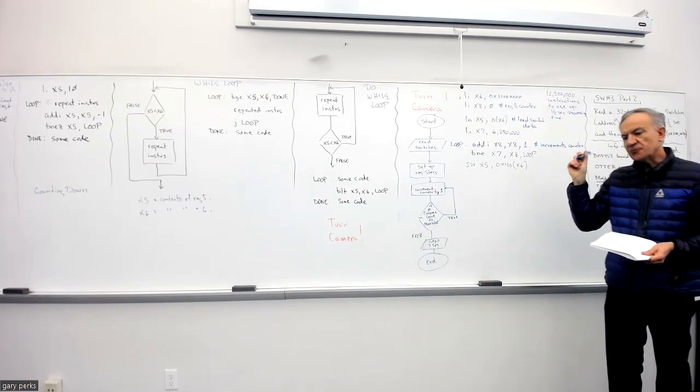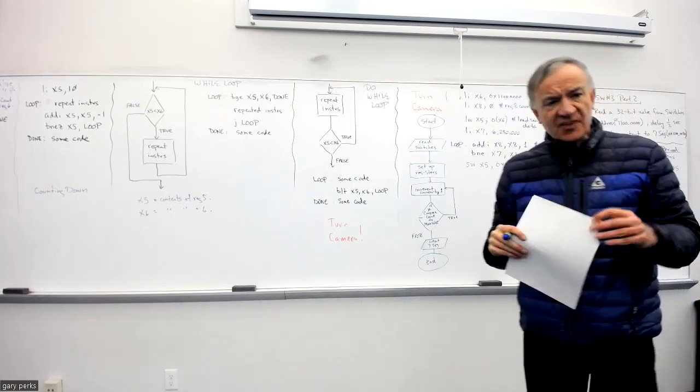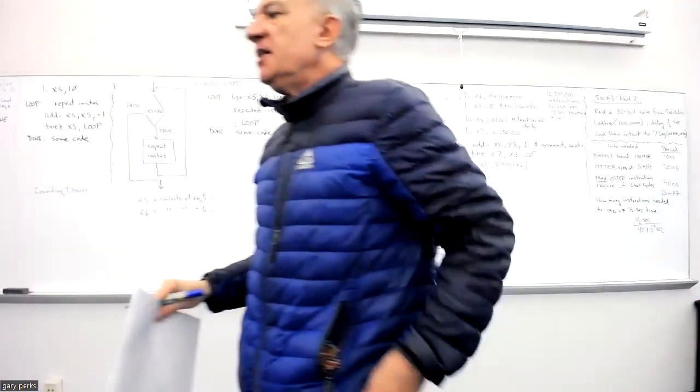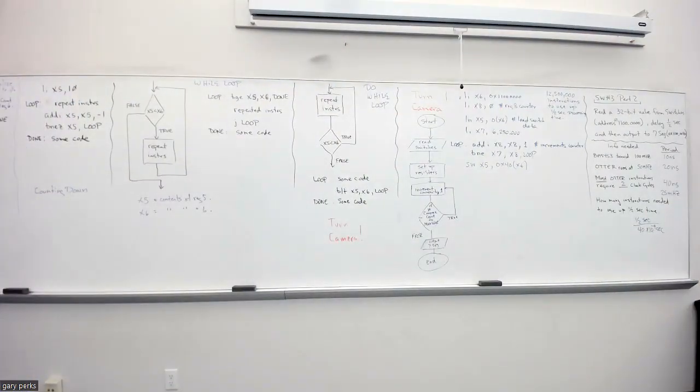Now, the reason why this is important is because when you get to the end of the quarter, and hopefully your Otter is working and you've got it hooked up to the Otter wrapper and you download it to the Basys board, there's a test that will have you run on the Basys board to make sure that it's working on the board.